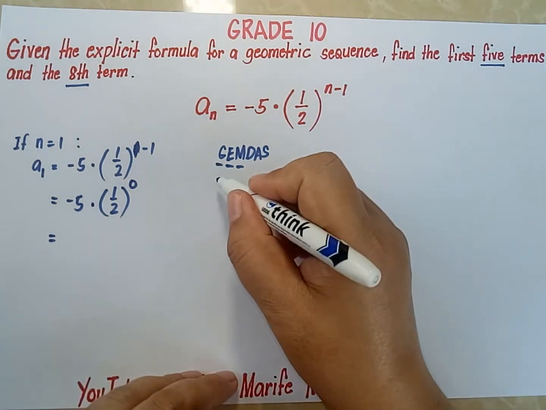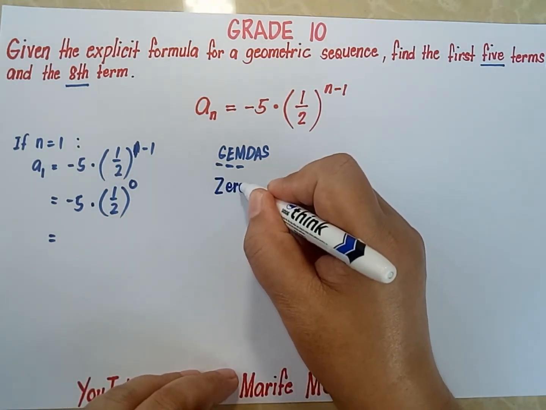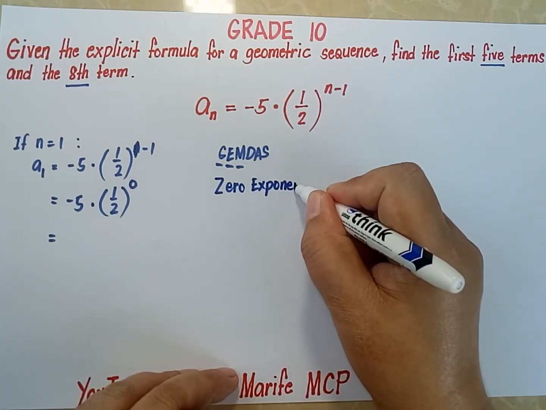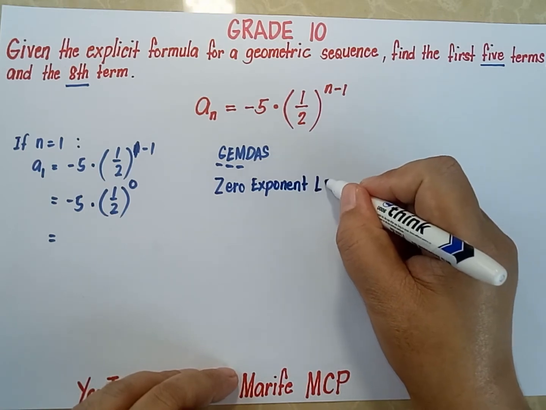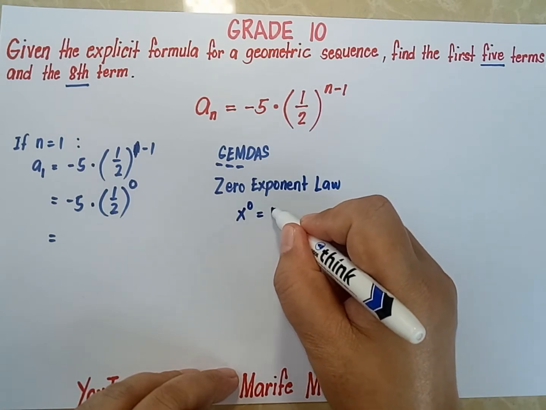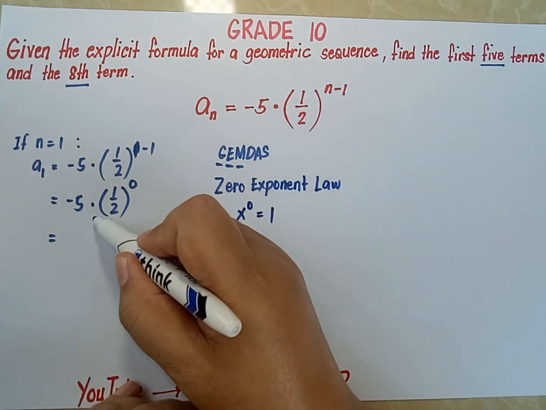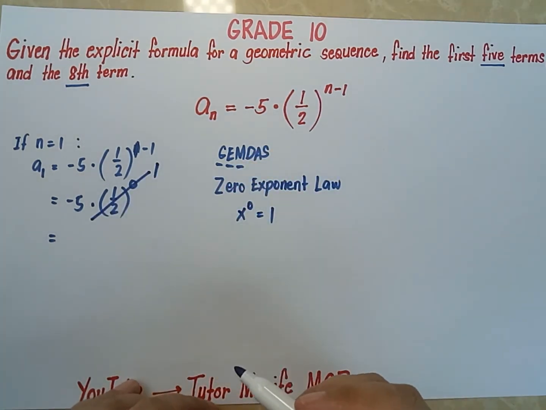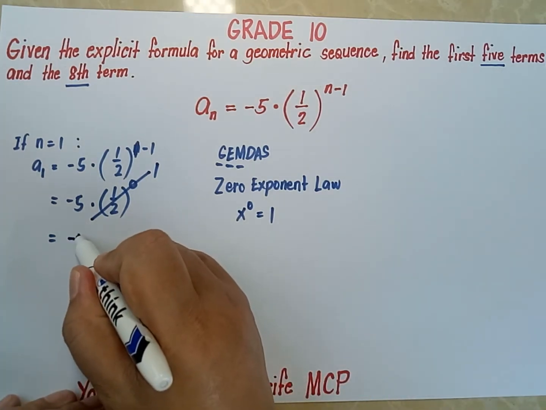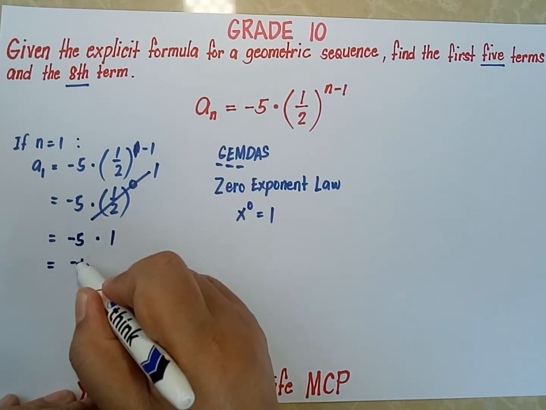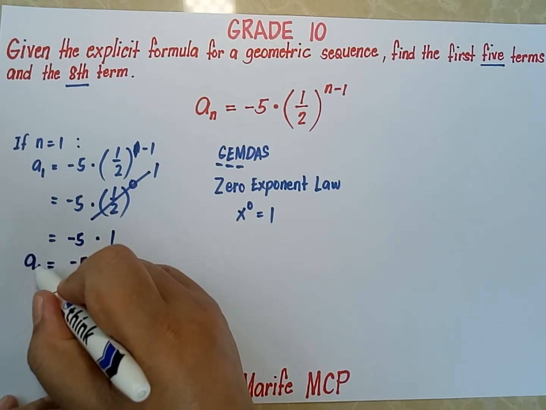And by 0 exponent law, any number, any group, any expression raised to 0 is always equal to 1. So, itong 1/2 raised to 0 mo ay equal sa 1. Application of the 0 exponent law. So, negative 5 times 1 equals negative 5. This is your first term.